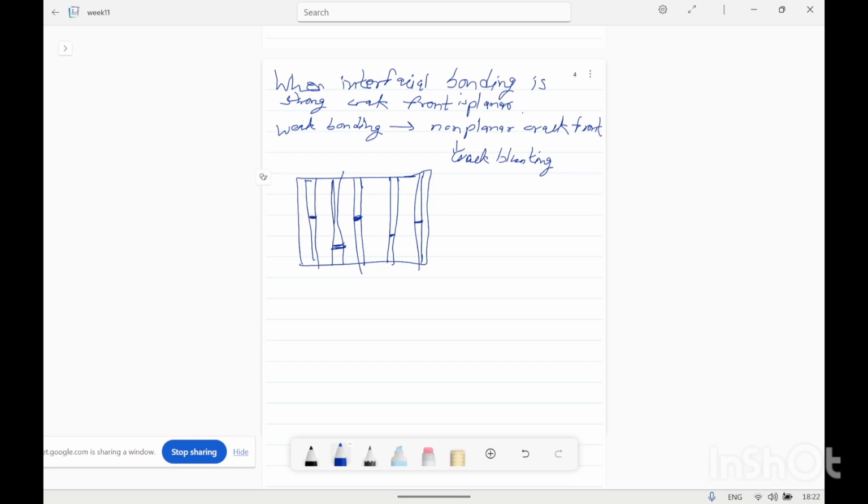This is the crack in fibers, and the crack in the matrix will look like this when there is weak bonding.